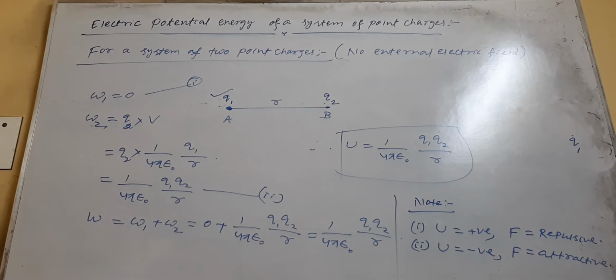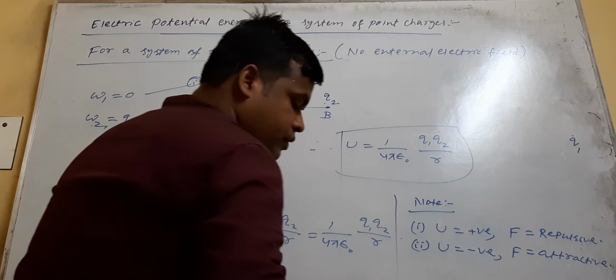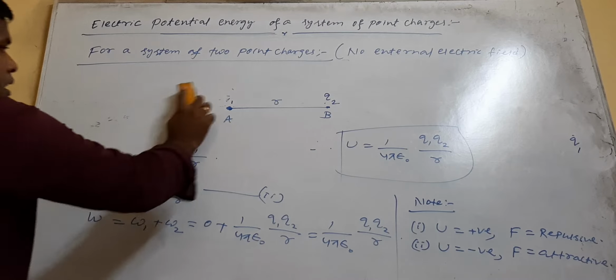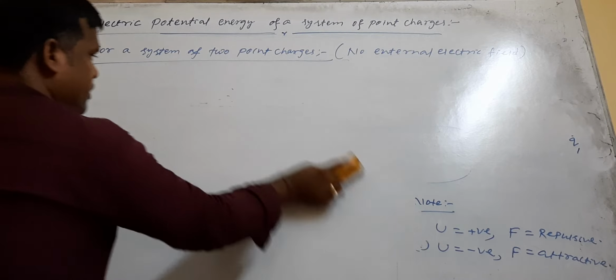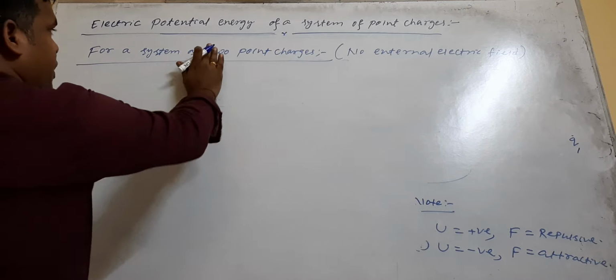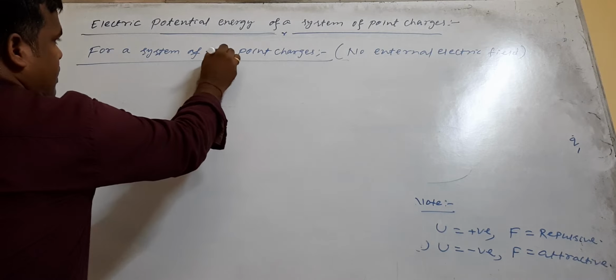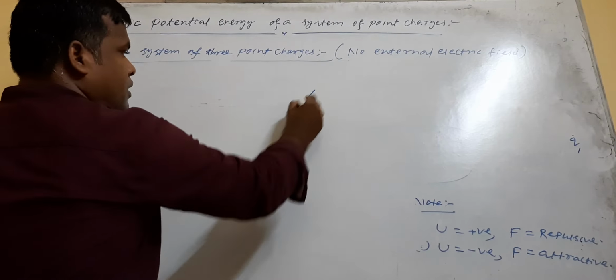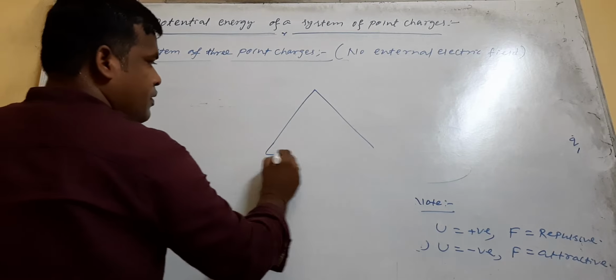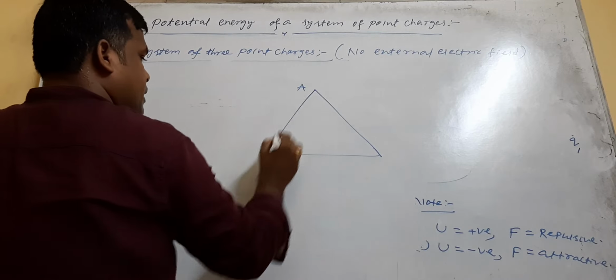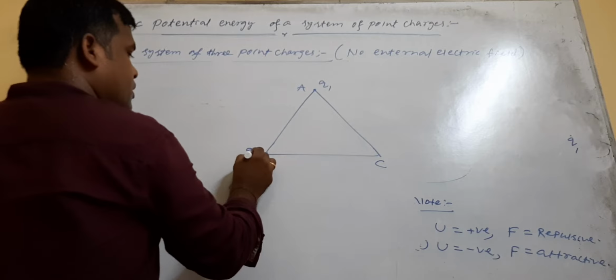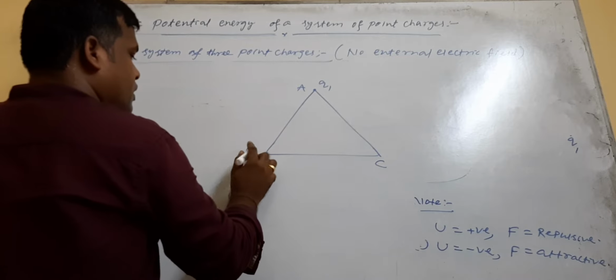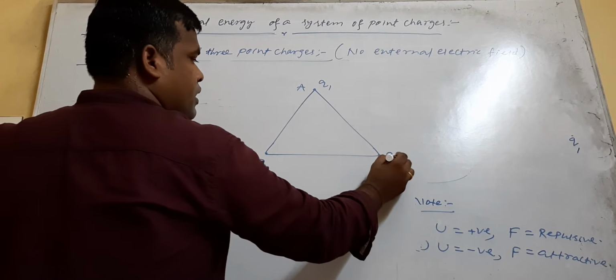Now come to a system of three point charges. For a system of three point charges, it is A, B, C, Q1, Q2 and Q3.